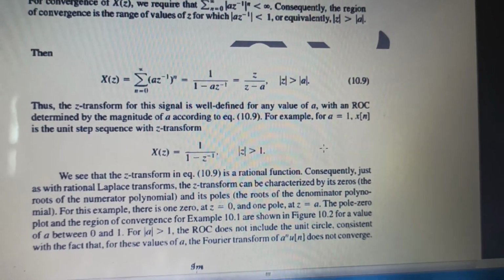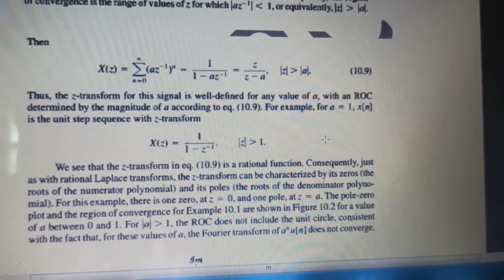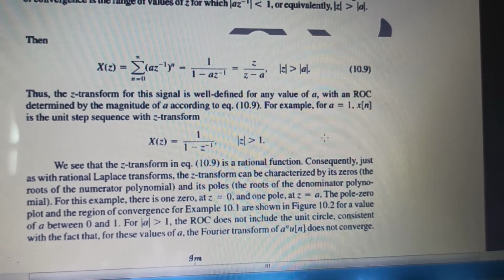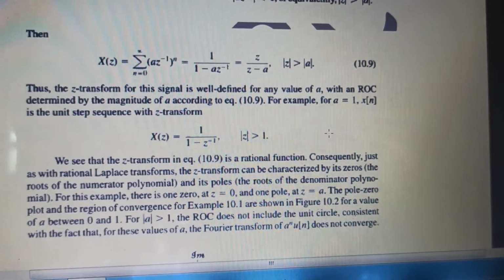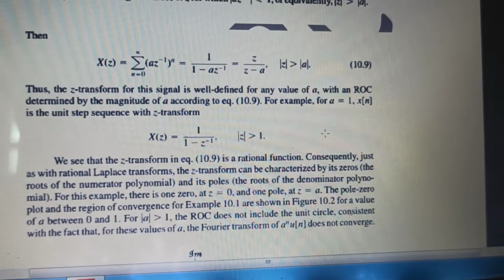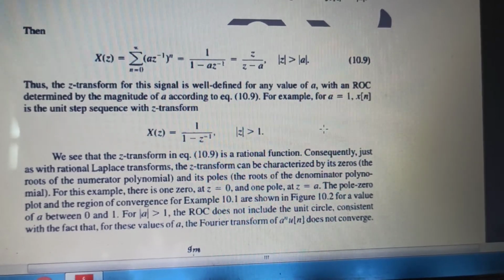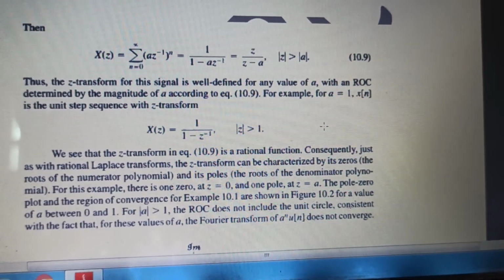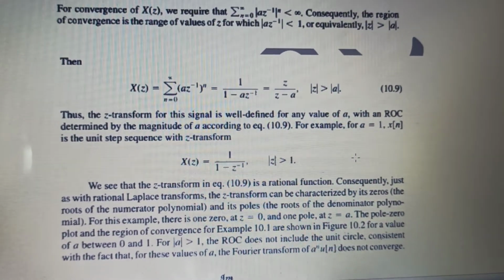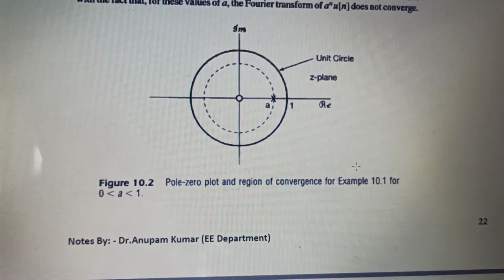It means that the square root of x square plus y square, because z is a complex number, x plus iota y, the mod of this should be greater than a. So x square plus y square should be greater than a square. It means it is going to be a circle which is represented here. More upon this in the next lecture. Thank you.